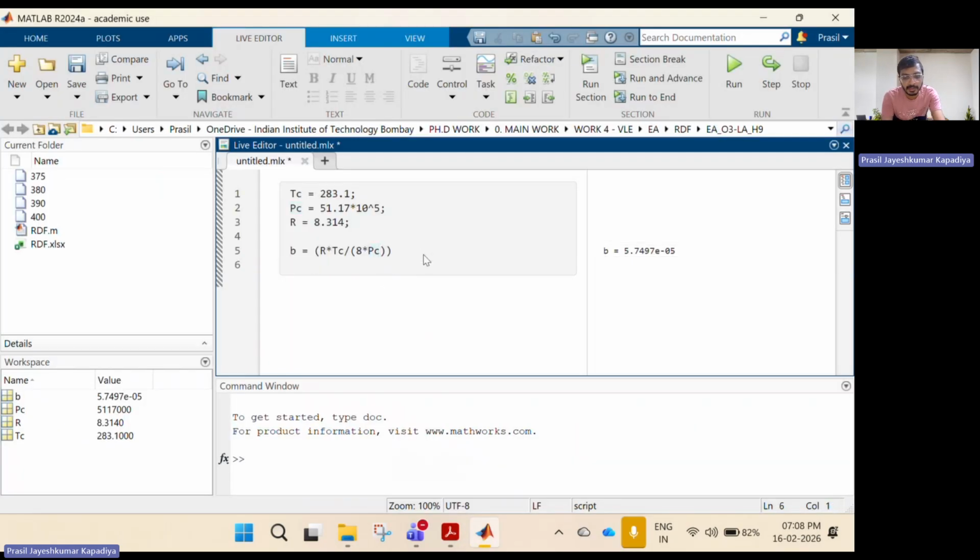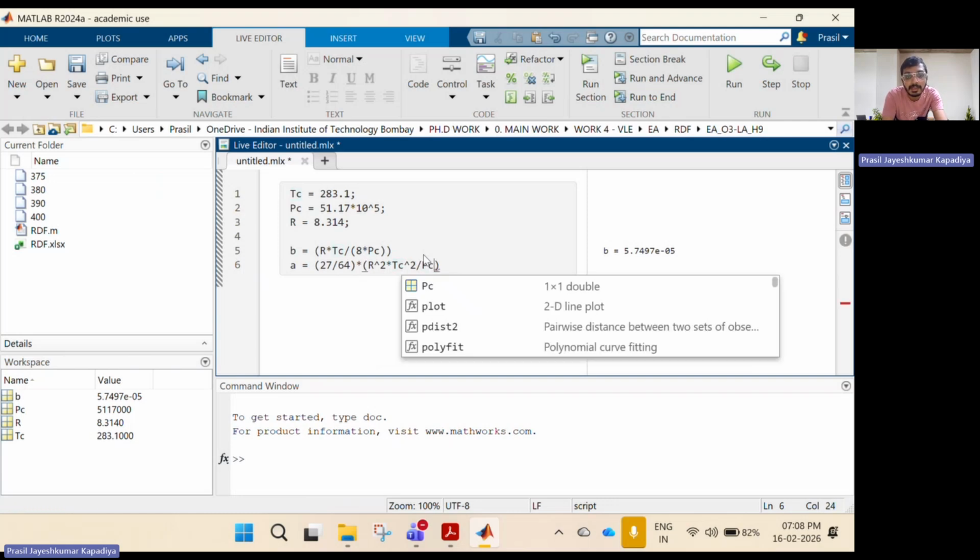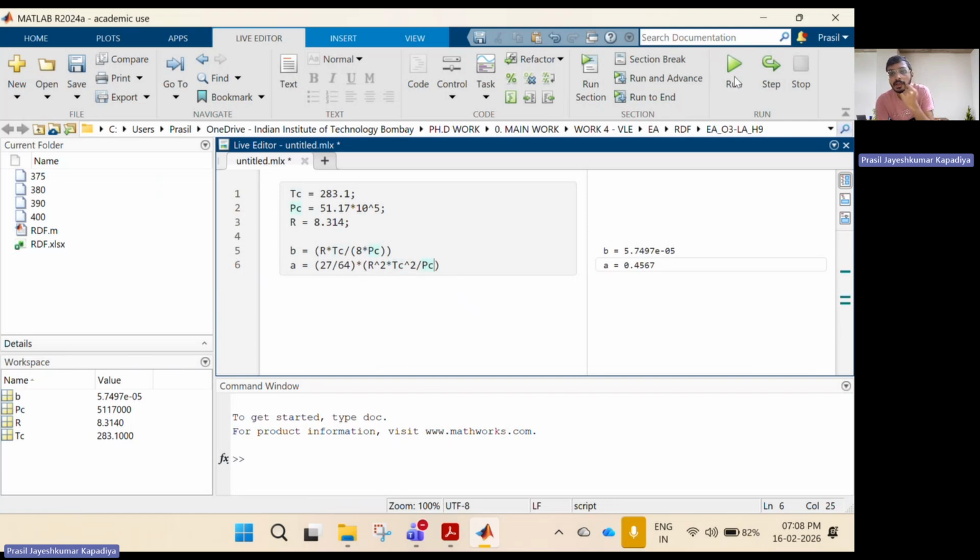So let's say I'm finding A. So A is nothing but 27 by 64 into R square into TC square divided by PC. So what will be my A? It is 0.4567.